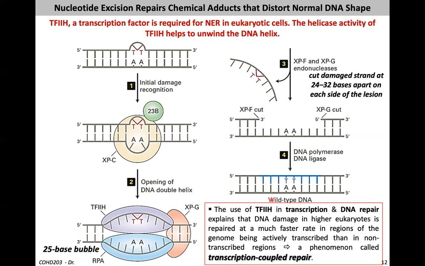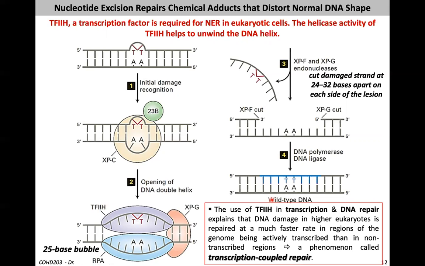This is an important use of transcription factor 2H in transcription and DNA repair. As we said in our last lecture, it is one of the important transcription factors for the transcription of DNA. So it has another function now, DNA repair, and this process is called transcription coupled repair.